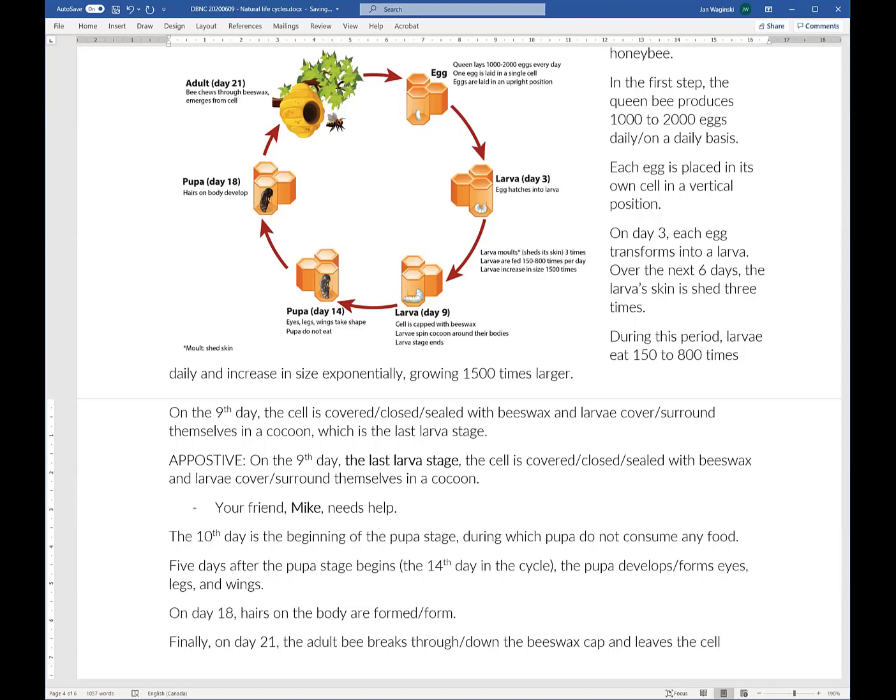And flies away. Well, it's not really going to fly away because it's part of the colony and is able to fly. Put that. Okay, any questions?